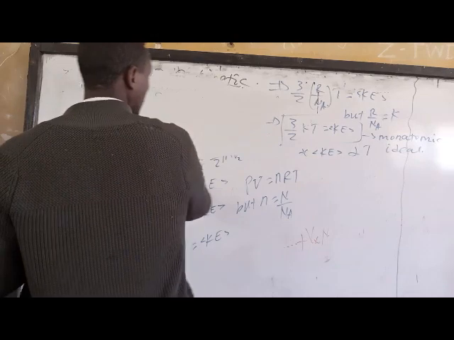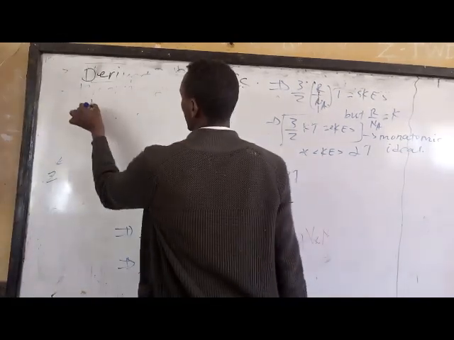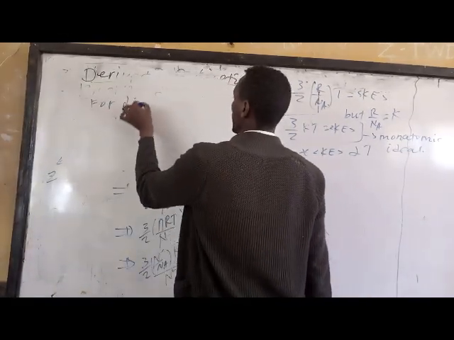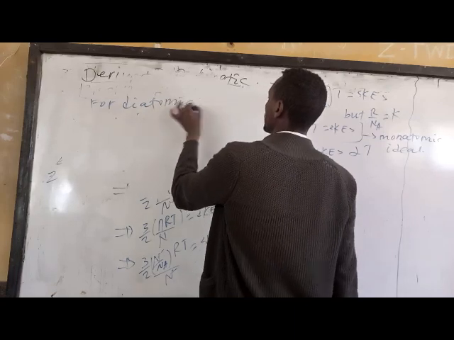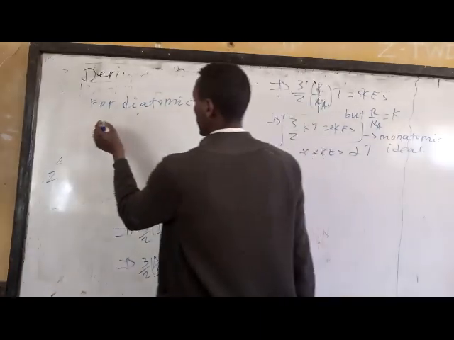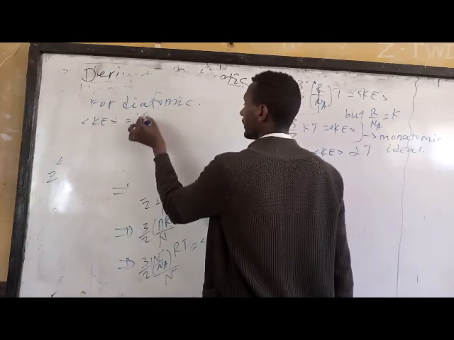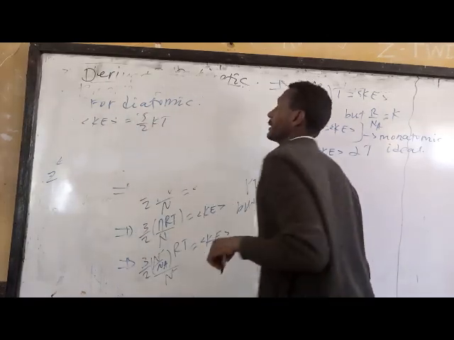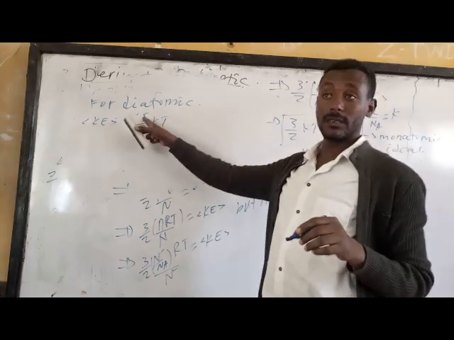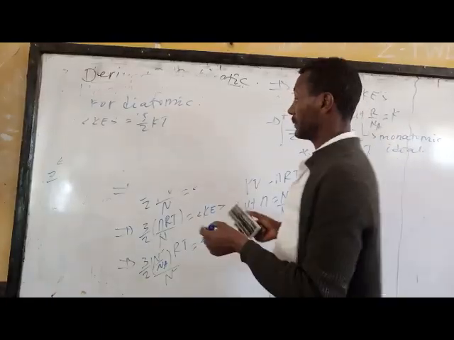Therefore, for diatomic, kinetic energy average is equal to 5 over 2 kT. Therefore, this number indicates the number of degrees of freedom.